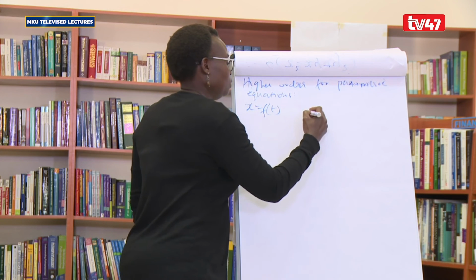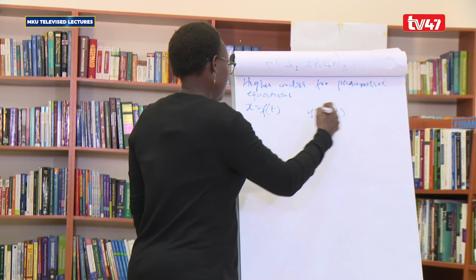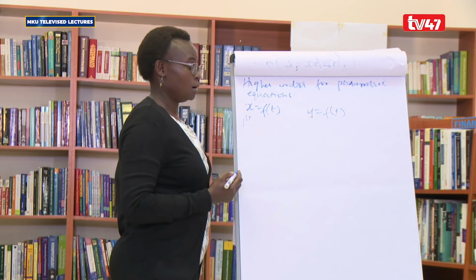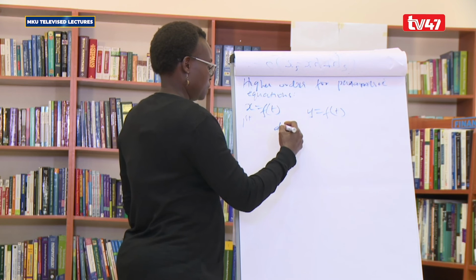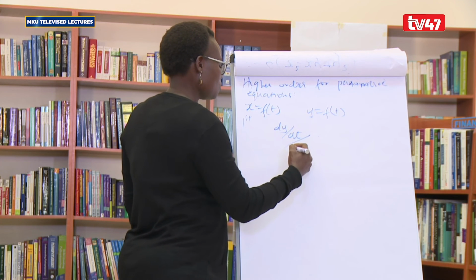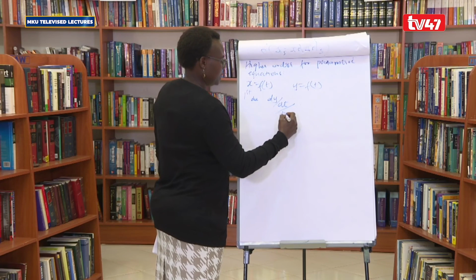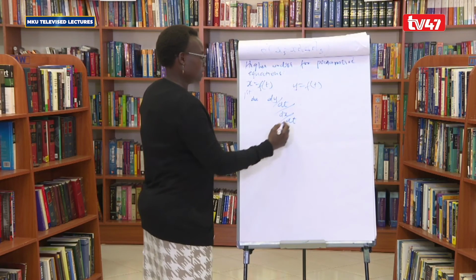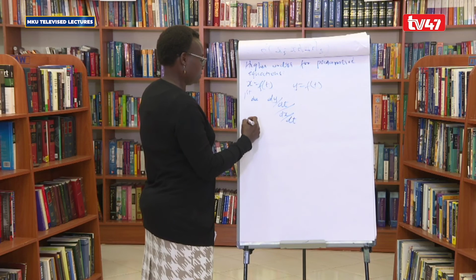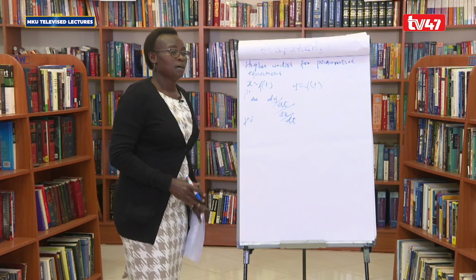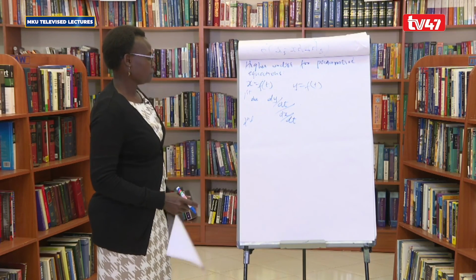the first derivative, we said, was dy over dt over dx over dt. And we know that the second derivative is generally the derivative of the first.